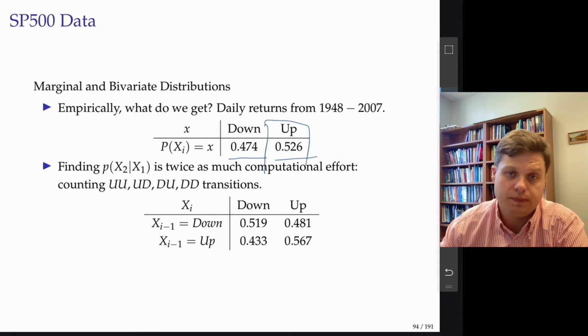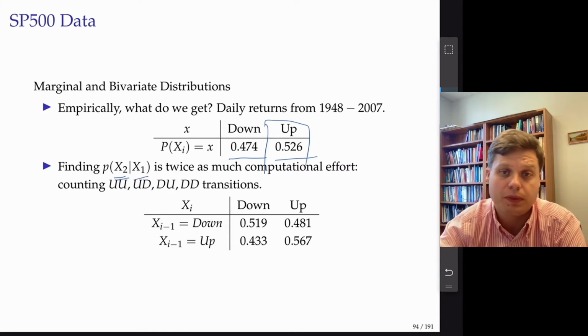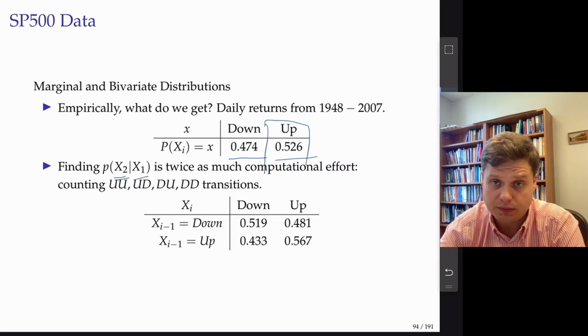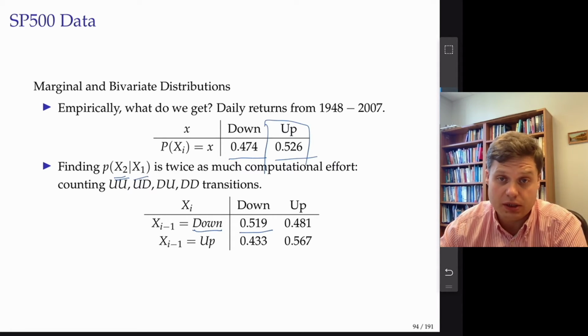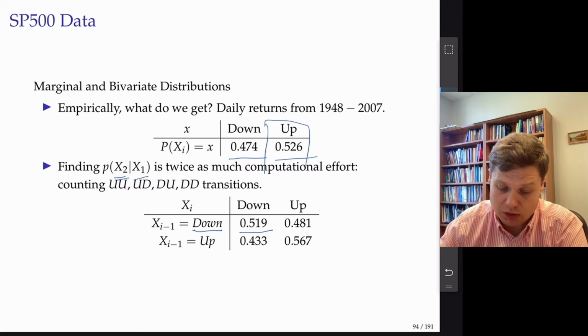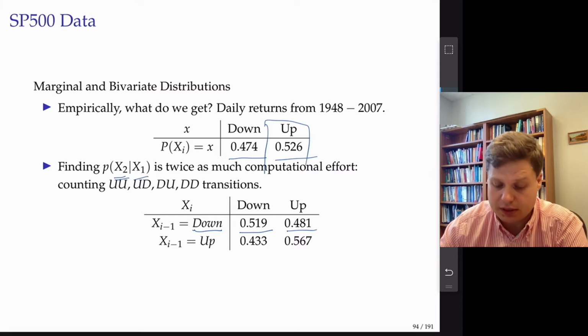But let's look at the conditional. Let's look at what happens on day two given what we know on the day before. When the market was down on the previous day, almost 52% is going to be down today, and with the rest of the probability, 48%, it's going to be up.